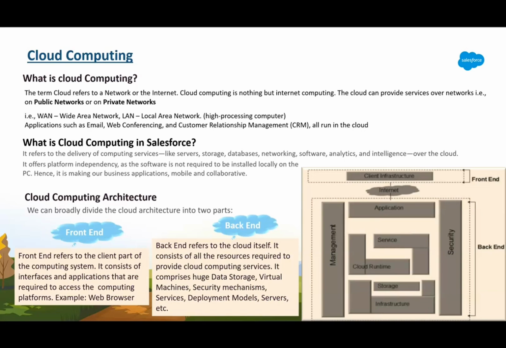Here you can see client infrastructure, that is the front end. Front end and back end are connected by the internet. If we have internet, we can use the front end to access back end functionalities. In the back end we have all of the infrastructure. It means servers and machinery, then storage, the cloud runtime, all the services, and security management, and all of it falls into the back end.